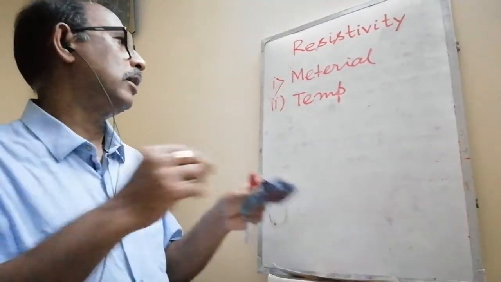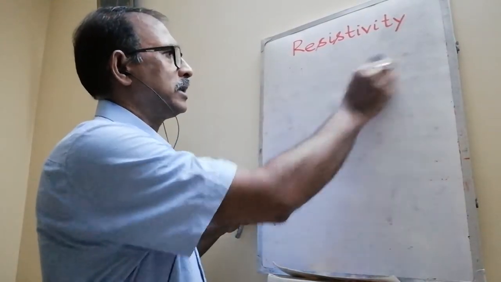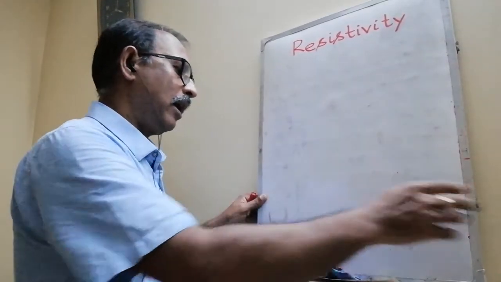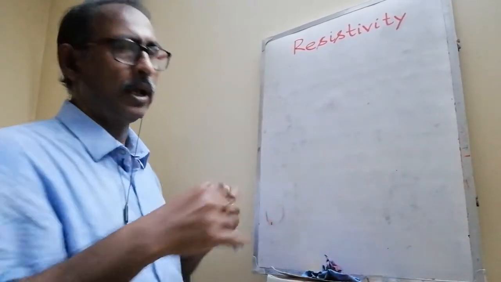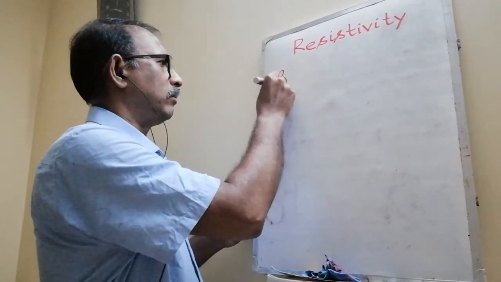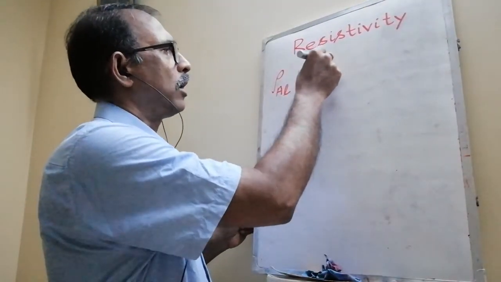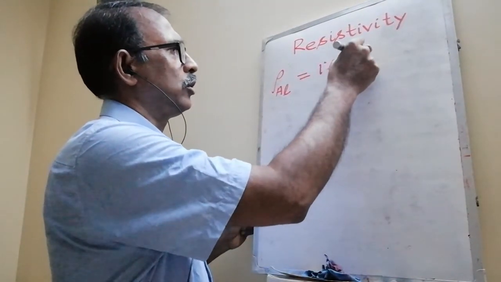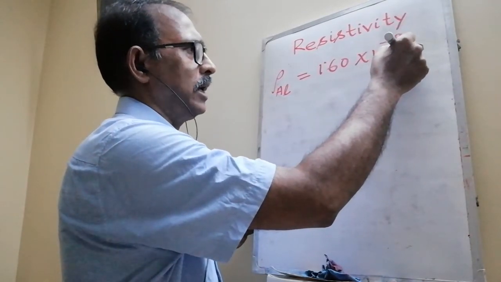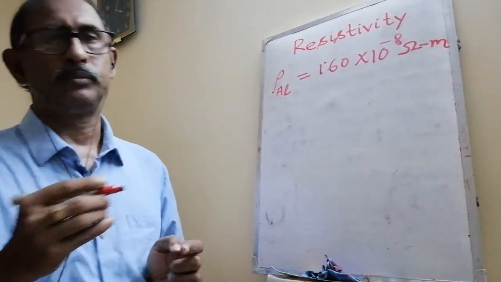For that, take one example where, with the change of temperature, resistivity also changes. Say an aluminium conductor. The resistivity of aluminium is 1.60 into 10 to the power minus 8 ohm meter, the SI unit.